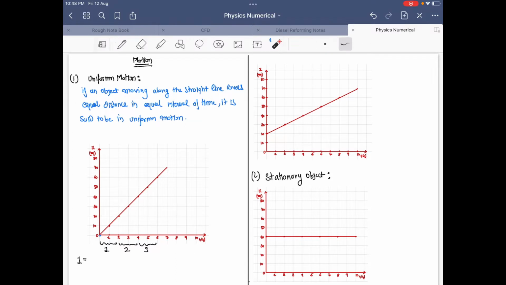The object has gone from 0 to this point, so the distance covered is 20 meters. So let's write it: the object has covered 20 meters in 2 seconds.